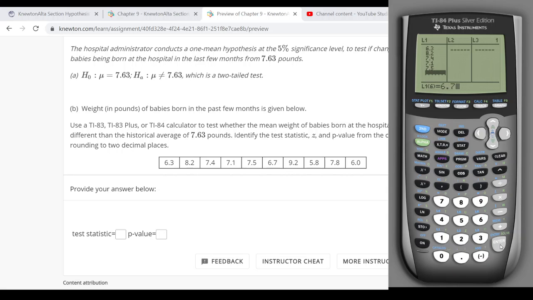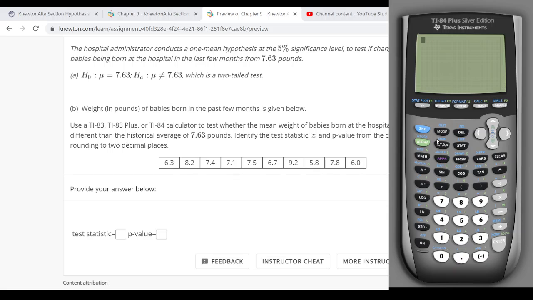I'm sure you'll be able to enter it much faster. I have this emulator here, and I have to click all the time. 7.8, and the 10th baby 6.06 pounds. Okay, so now I've got this list of data, this sample. Let's quit out of here.